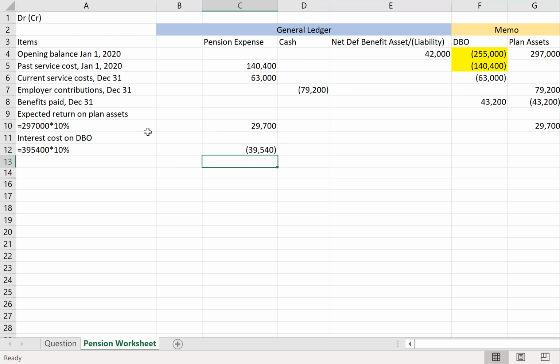So this was the impact of the return on our plan assets, but the impact of the time value of money for this extra year, now that we're closer to this obligation, caused an expense. Our pension expense increased by 39,540. So from a net perspective, our pension expense increased by 9,840.